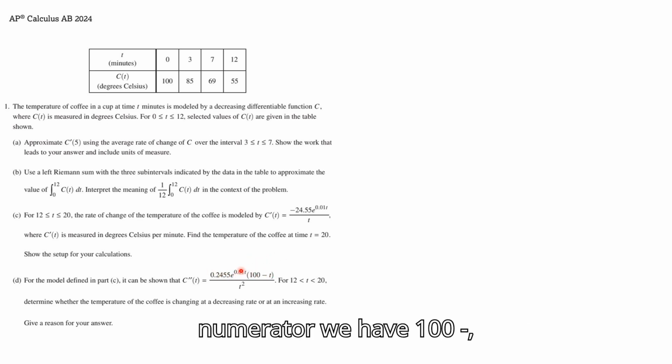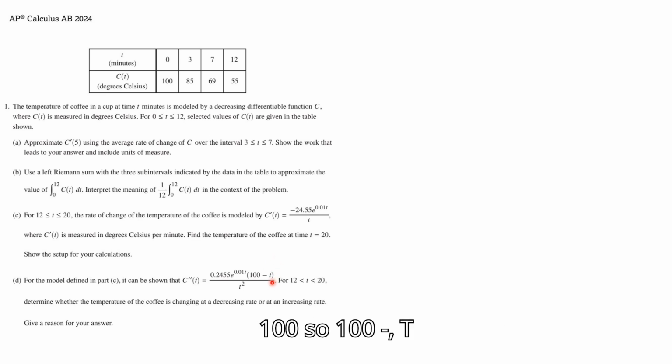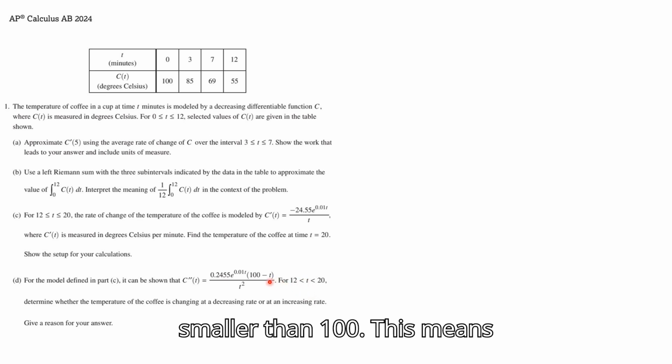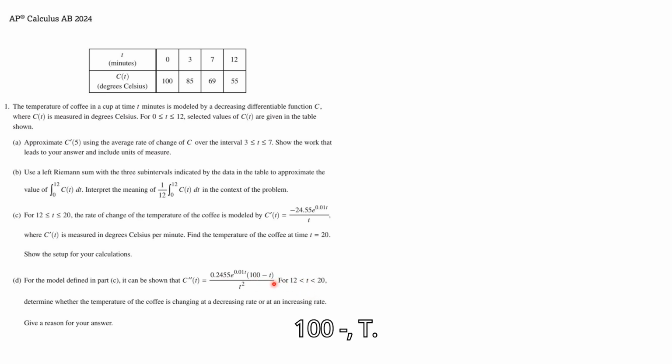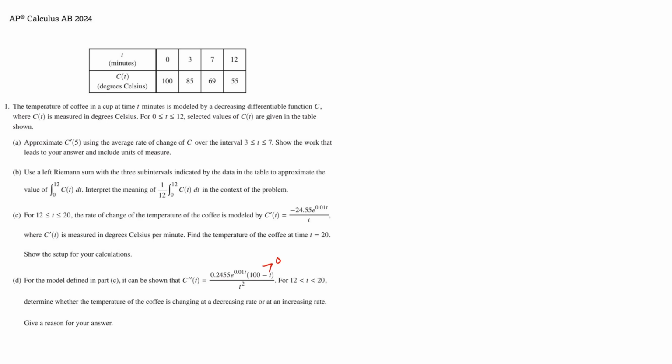In the numerator we have 100 minus t, which is positive for t smaller than 100. Since t is between 12 and 20, t is smaller than 100, so 100 minus t is bigger than 0.